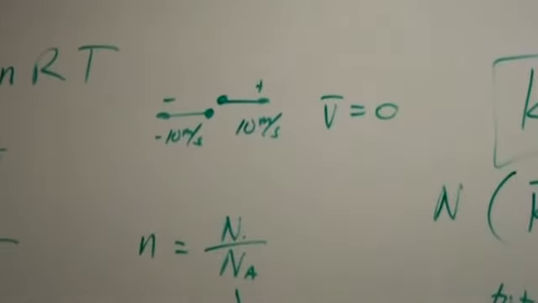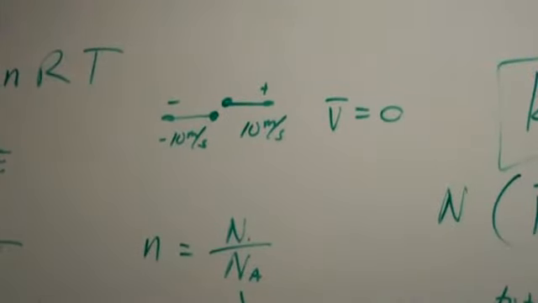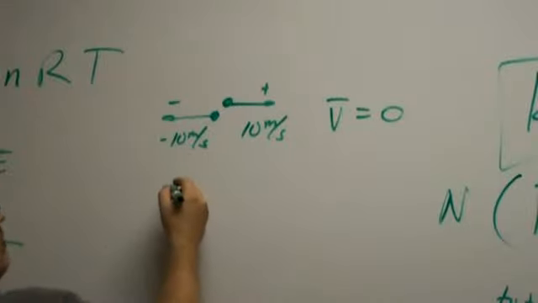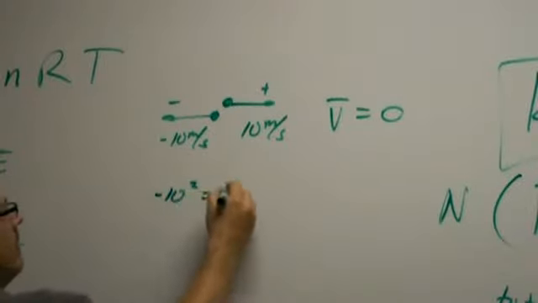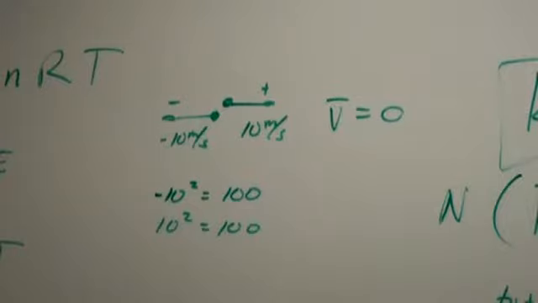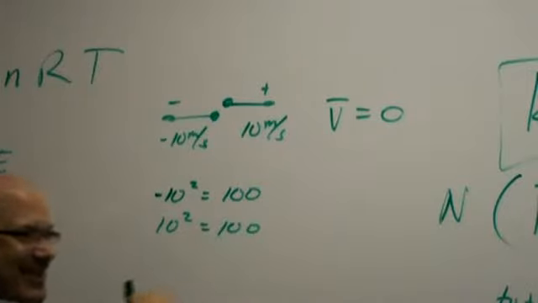So to get a better idea of what kind of speed they have on average, not their velocity but their speed, you square them both. What's negative 10 squared? 100. 10 squared equals 100.